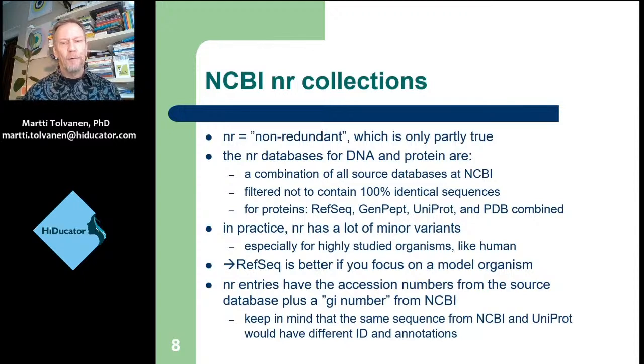The only non-redundancy is filtering so that 100% identical sequences of the same length are eliminated. In the case of proteins, the NR database would be a union of RefSeq and GenPept, UniProt, and PDB sequence entries combined, with priorities pretty much in this order, so that the best quality RefSeq entry is selected out of multiple identical ones.